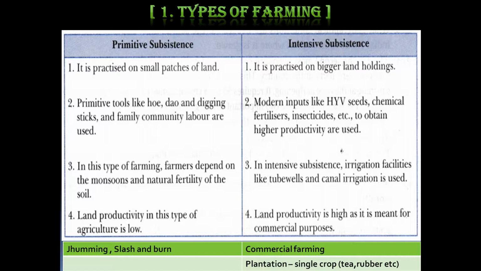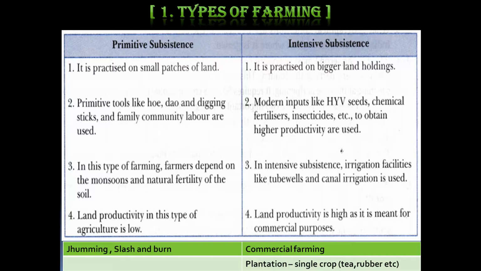Modern inputs like HYV, high yielding variety seeds, chemical fertilizers, insecticides, etc., are used to obtain higher productivity. It means they are not dependent upon conventional sources. They can use such chemicals and modified seeds or crops.